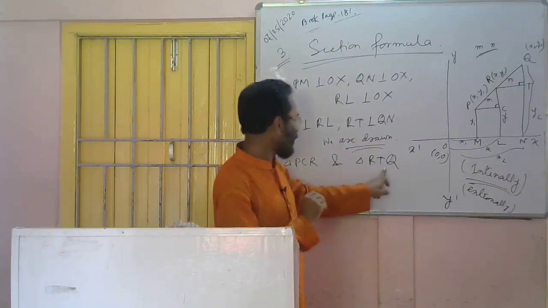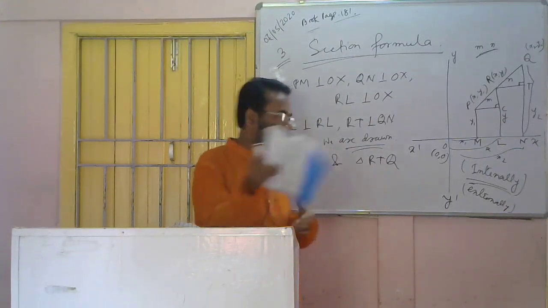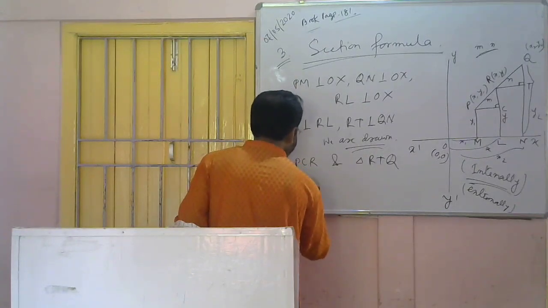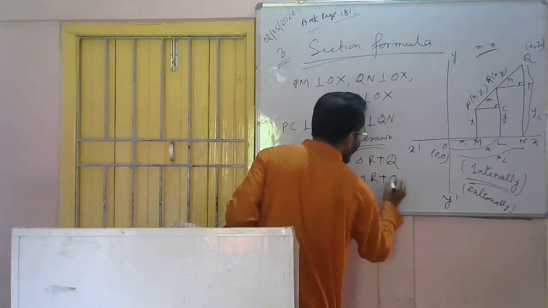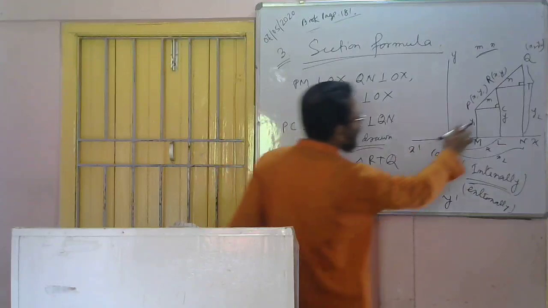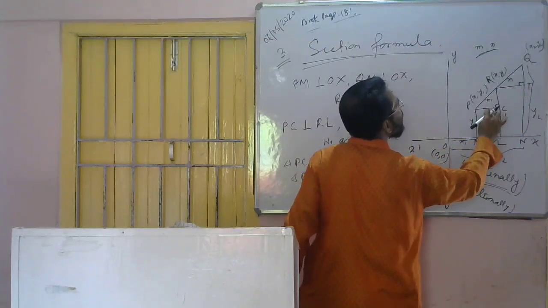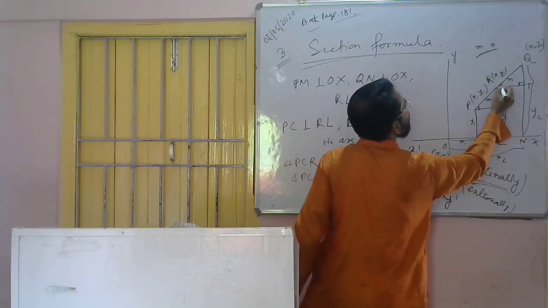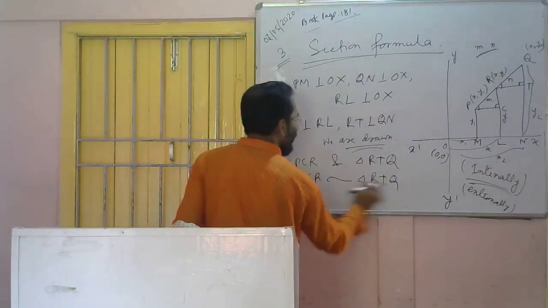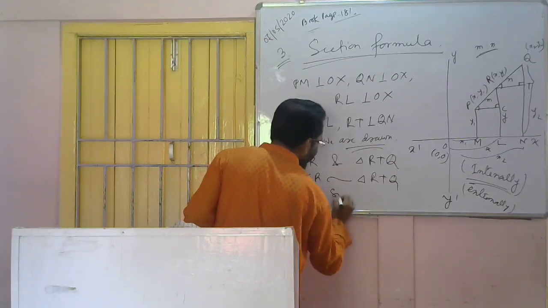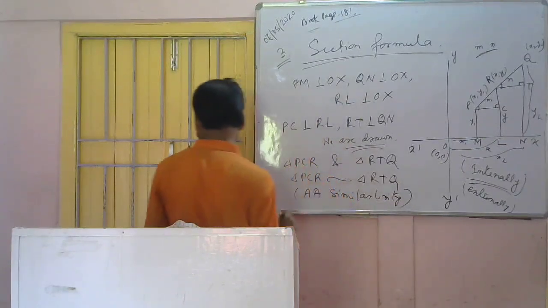This angle is 90 degrees, this angle is 90 degrees, and this line is parallel to that line, so this angle and this angle are the same. So two angles are the same, and we get angle similarity.